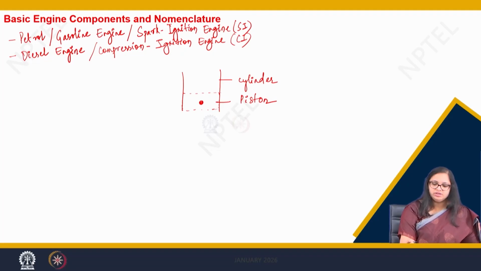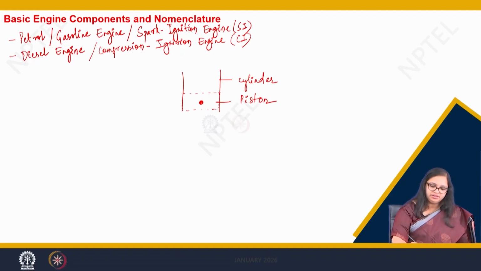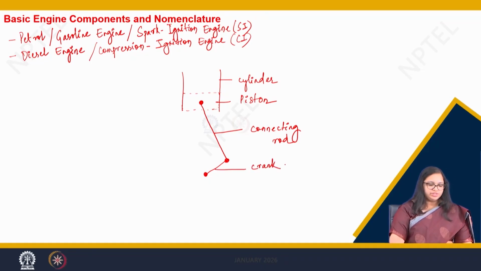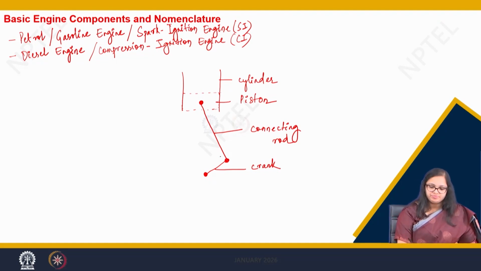Now here on the piston there is a pin to which a connecting rod is attached. What is this? This is a connecting rod. Now there is again another pin to which there is a crank which is attached to this connecting rod.